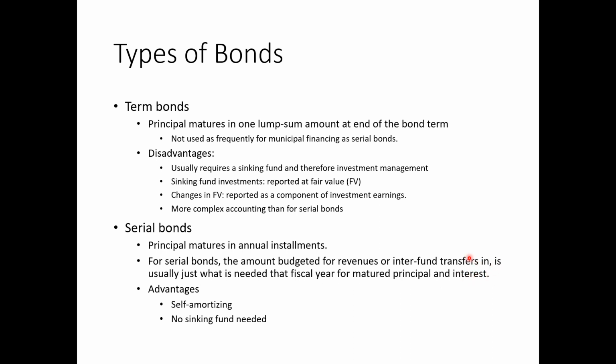Another advantage: they are self-amortizing, no sinking fund is needed, and it's easier to fit the budget. In the budget, we just find out the needed principal and interest payment for this period, make the budget, and that's it.